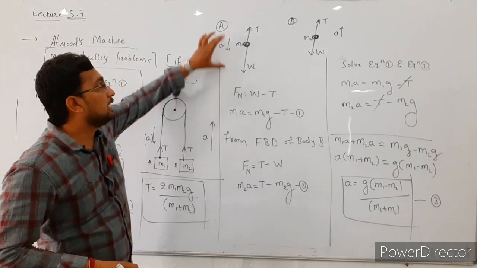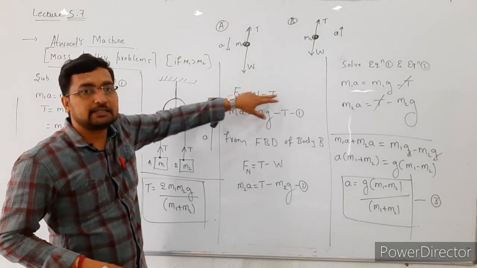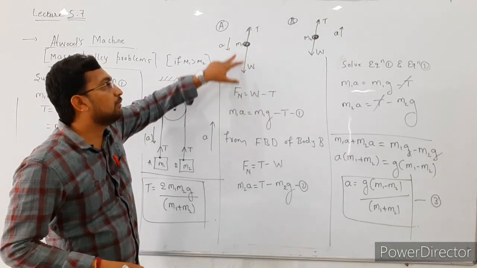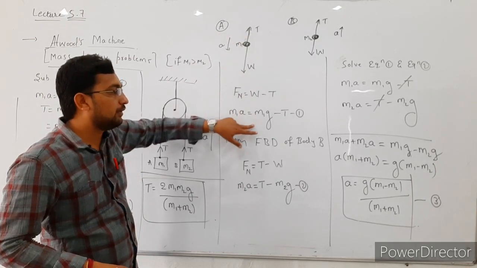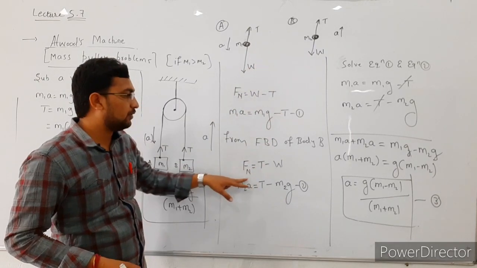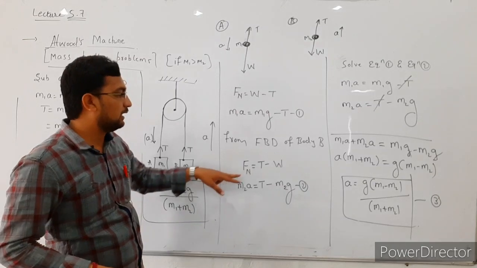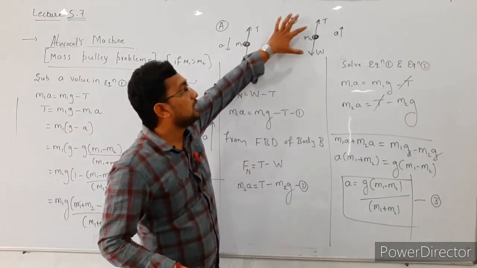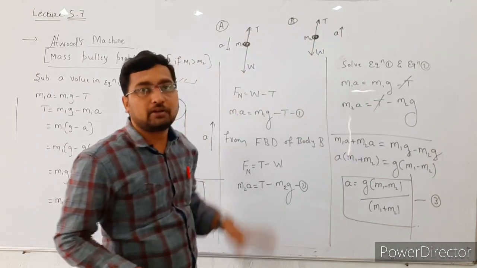So after that, the net force acting on this body A is weight minus tension. Here the weight is more compared to the tension inside the string. So after that, substitute the values here. Next, from the free body diagram of body B, net force equals T minus weight. Here the tension inside the string is more compared to the weight of that body.